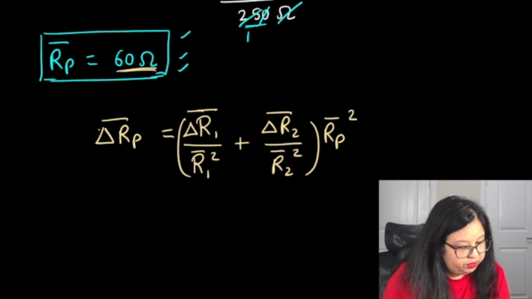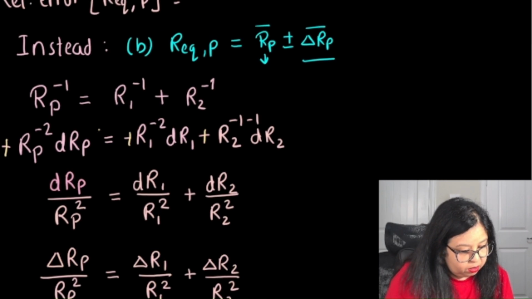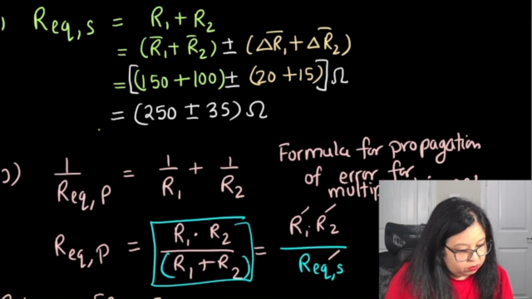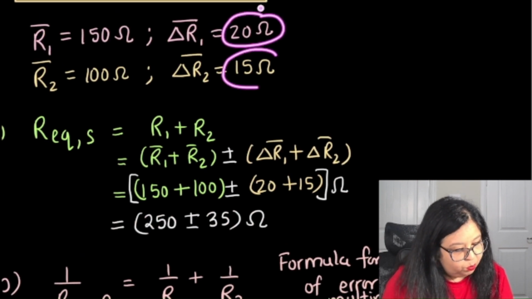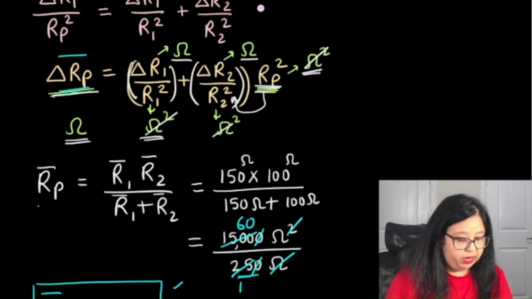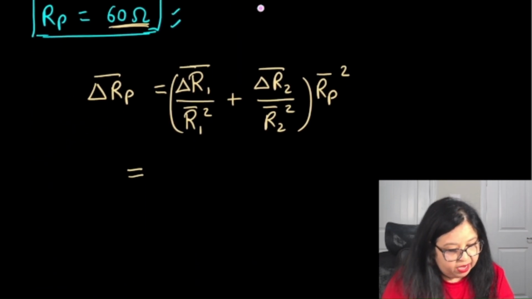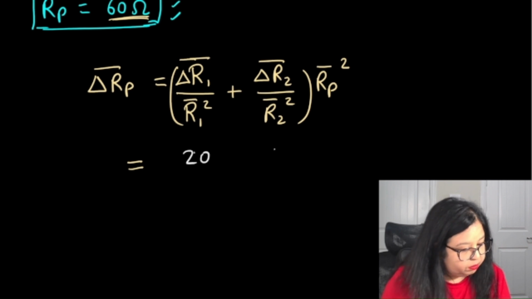And we know the RP's value is 60. Okay, delta R1 bar was 20 and delta R2 bar was 15. Alright, let's go ahead and plug those values in before I forget them.